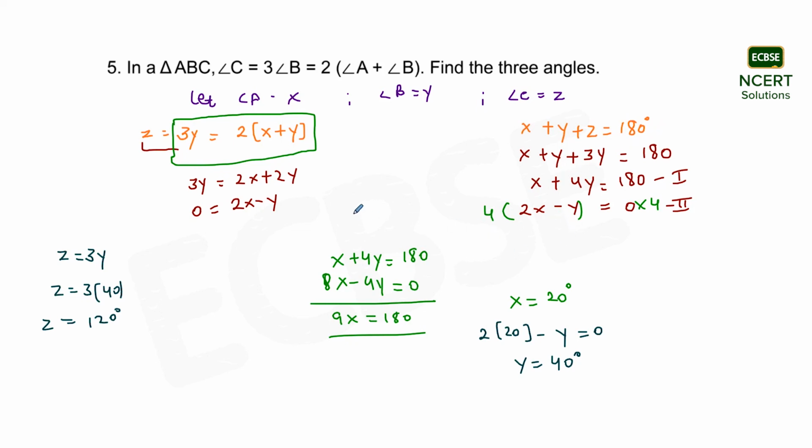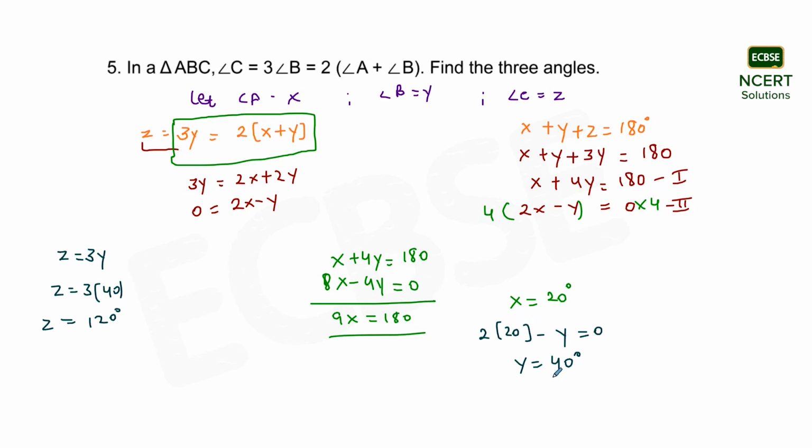So this was about question 5th, and just remember that there is no restriction that you can use only z is equal to 3y in this case in order to reduce this equation into two variables. You can also use the relation z is equal to 2x plus y. This will also be perfectly fine, and the answer which you will get will be the same as I have obtained here in this case.